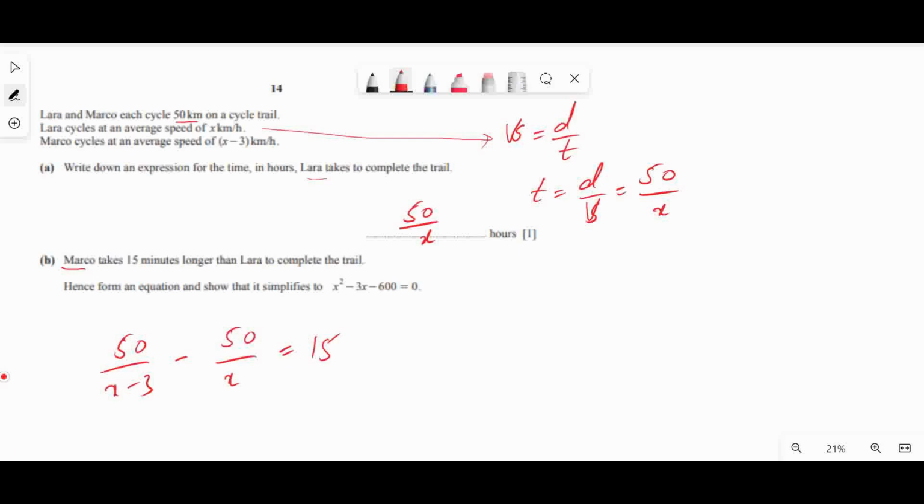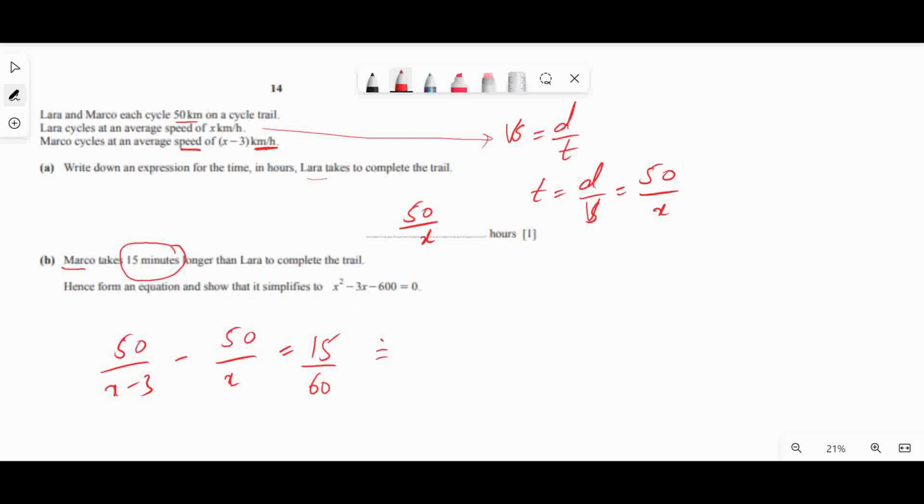Now here there is a small point that the speed is in kilometers per hour, whereas the time is in minutes. This is a very important point, that the speed is per hour, whereas the time given here is 15. So we need to convert it into hours. So 15 divided by 60. Now hence form an equation. This is the equation, and show that it simplifies to this.